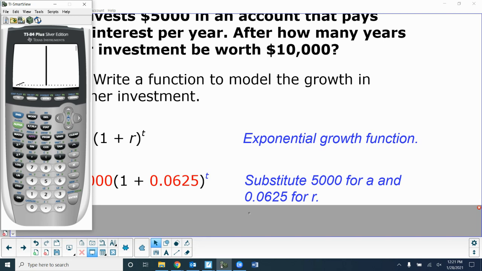Okay, it's starting to freeze up. What are we looking for? When it's going to be worth 10,000. So where can I look to see where that 10,000 would show up? Second graph, then the table.